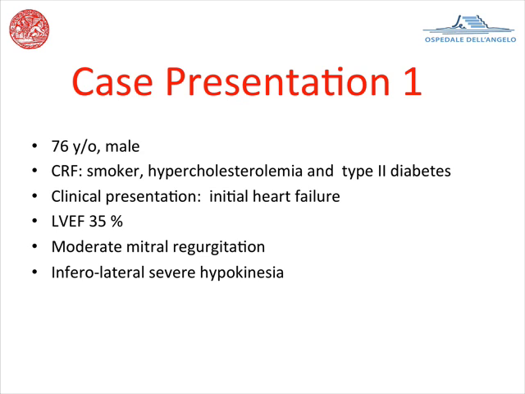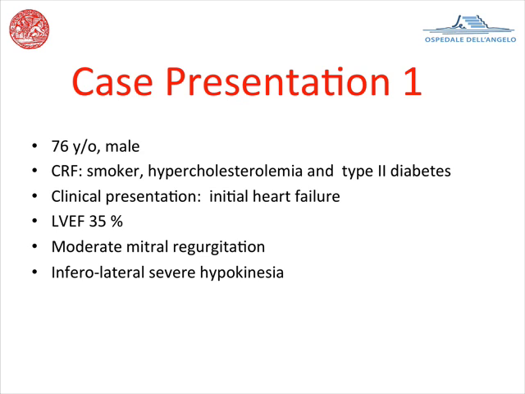He was on aspirin 100 mg, glibenclamide 2.5 mg, plus metformin 400 mg and lansoprazole 30 mg. An echocardiogram showed infralateral hypokinesia of the left ventricle and a low ejection fraction of 35%.